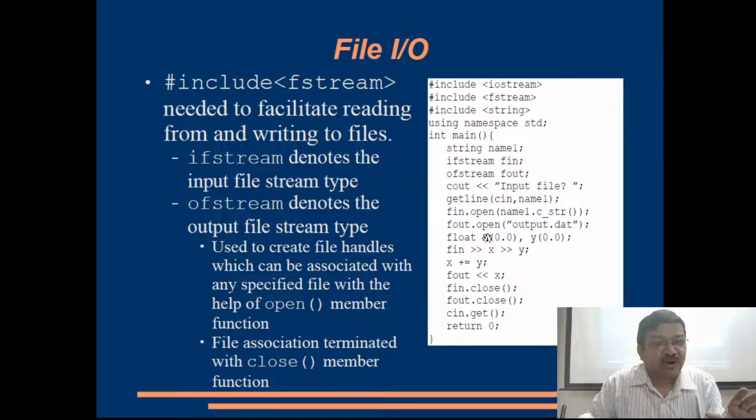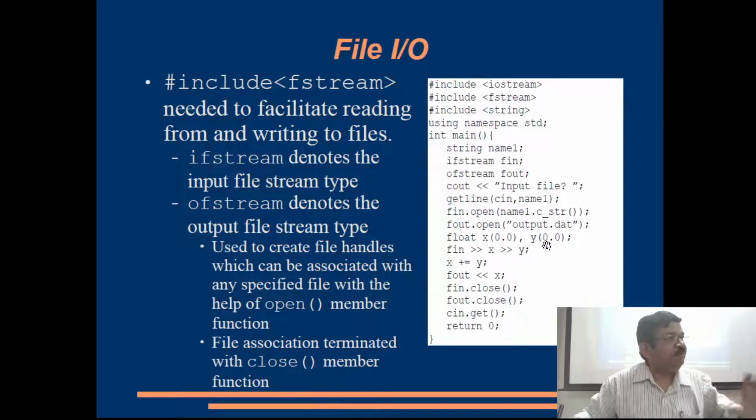This dot open is a syntax of object-oriented programs using classes. We'll come to the class definition, data and methods later on. For the time being, just assume it as grammar of the way in which a file is to be associated with this object fout.